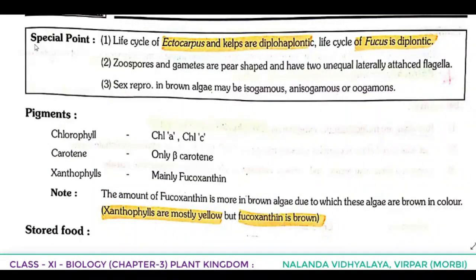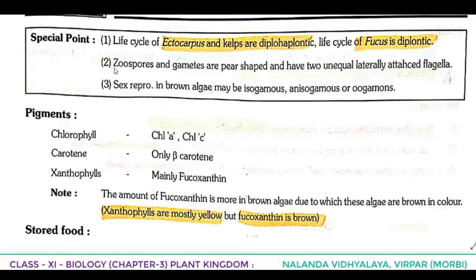Life cycle of Ectocarpus and kelps are diplohaplontic. Life cycle of Fucus is diplontic. This topic regarding diplontic and haplodiplontic, in this chapter the last topic is the same: alternation of generation in plants.